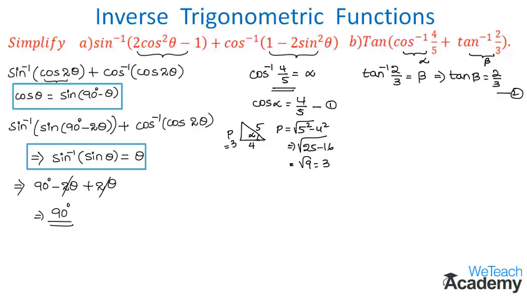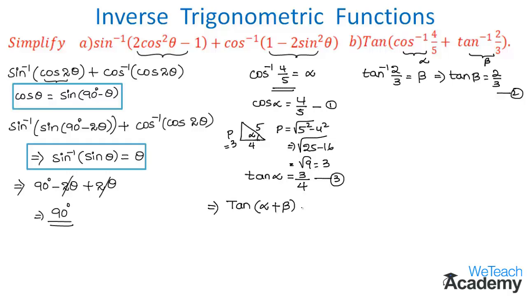So from this we can convert the value of cos alpha in terms of tan alpha. So tan alpha will be equal to opposite by adjacent. So here the opposite side is 3, so we get 3 by the adjacent side 4. So this is the value of tan alpha, and now let us name this equation as equation 3. And now let us consider the given expression which would be tan of alpha plus beta.